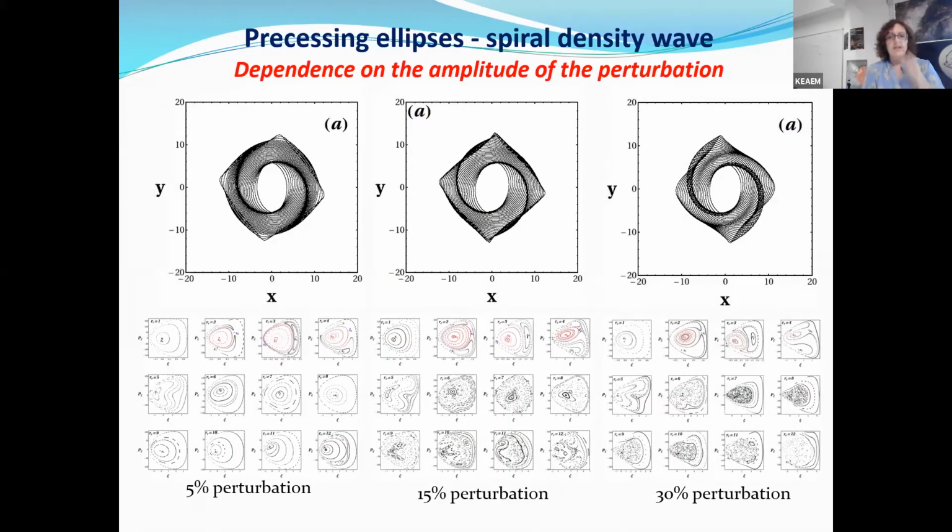Here we see three cases where we want to find the dependence on the amplitude of the perturbation. In the first case on the left, the perturbation is only 5%, in the middle 15%, and 30% on the right. We see a well-defined spiral structure for the 5% perturbation. In the phase space, we can see that they are stable.